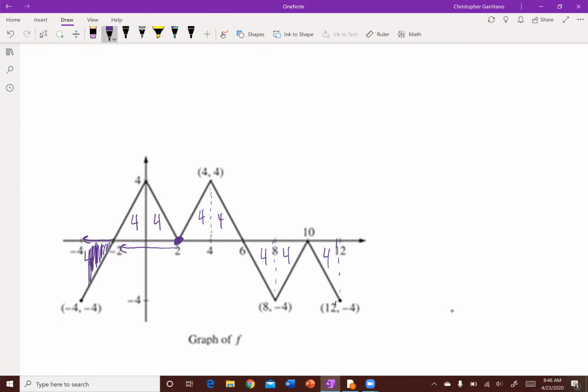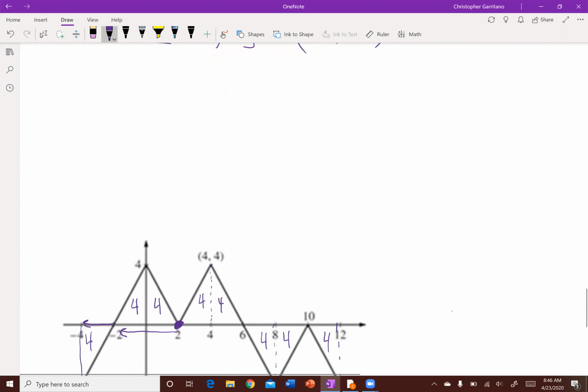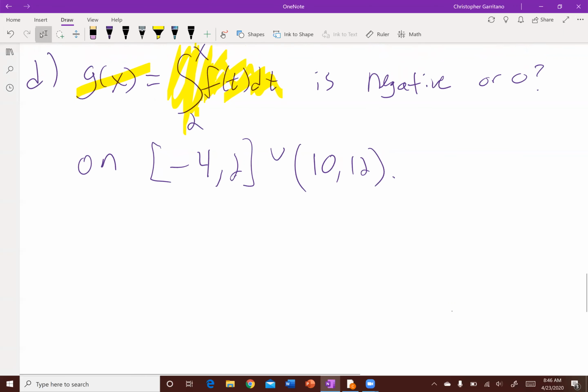So that area becomes positive. However, we never add enough area to overcome the amount of negative we've already put into the mix. So we go from an area of -8 to an area of -4. So all the way from 2 to -4, I'm going to do inclusive here because from the interval from -4 to 2, the area is either negative or 0.